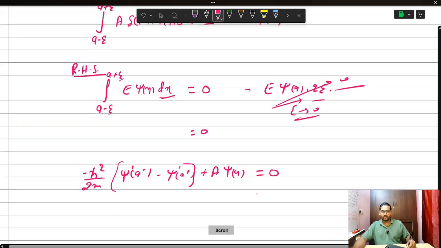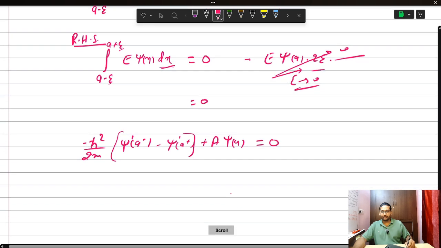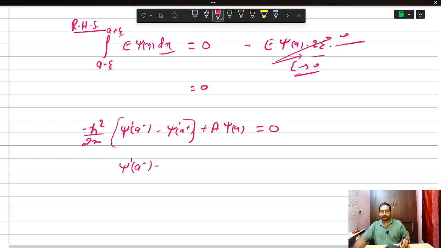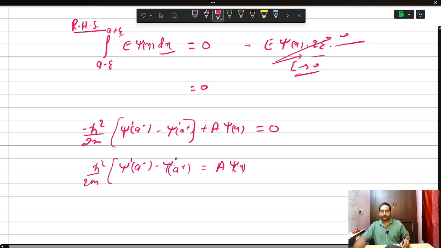So psi dash a minus psi dash a plus is equal to a psi(a) divided by h cut square by twice m.